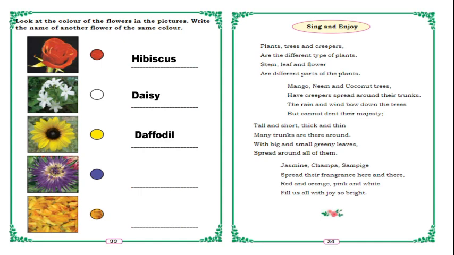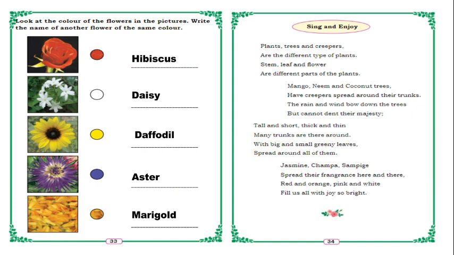Plants, trees and creepers. Are they different types of plants? Stem, leaf and flower are different parts of the plants. Mango, neem and coconut trees have creepers spread around their trunks. The rain and wind bow down the trees but cannot dent their majesty.